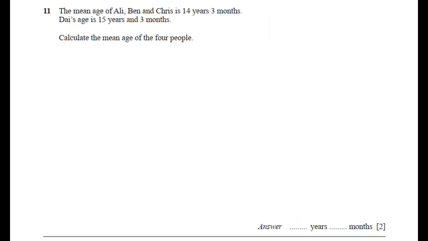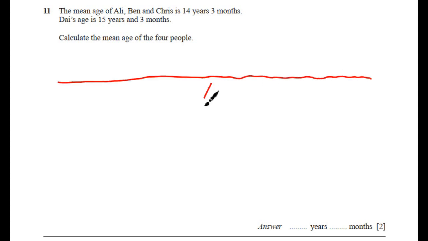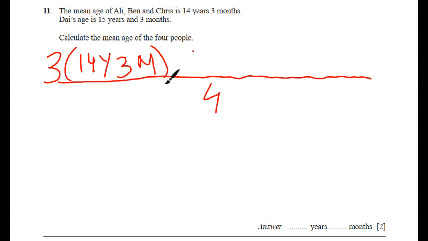Question number 11. The mean age of Ali, Ben and Chris is 14 years 3 months. Di's age is 15 years 3 months. Calculate the mean age of the 4 people. So since we have 4 people, we'll write 4 in the denominator. In the numerator, we need the sum of the ages of all 4 people. So the mean of 3 people is 14 years 3 months. So I'll do 14 years 3 months times 3 plus 15 years 3 months.